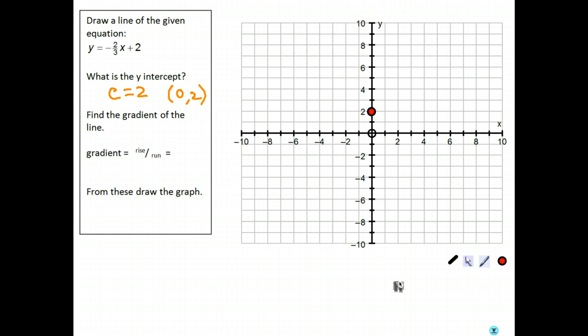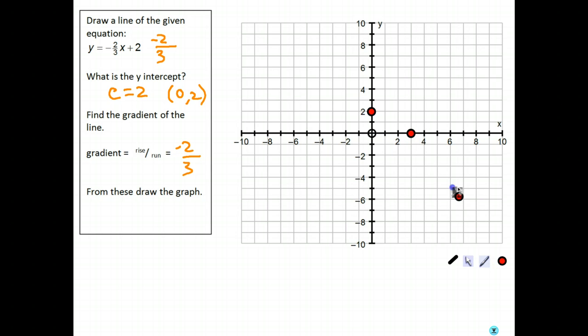Okay, find the gradient of the line. Well, once again, that negative sign has to go on either the top or the bottom. Usually just put it on the top. So the gradient, rise over run, is -2/3. And once again, what I can do there is from that point, not from the origin, but from the point that's on the graph, I have a rise of -2 and a run of 3.